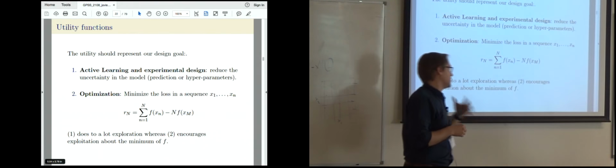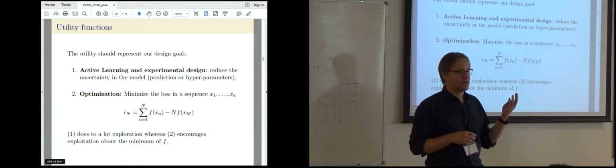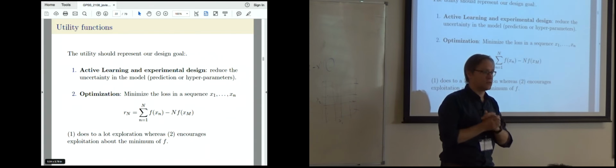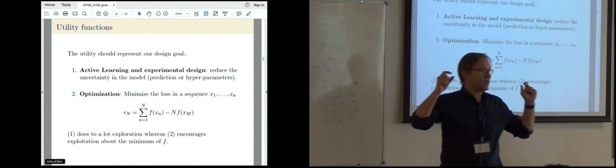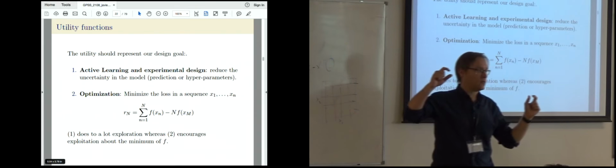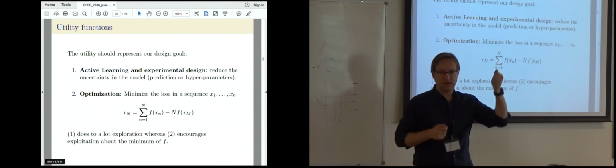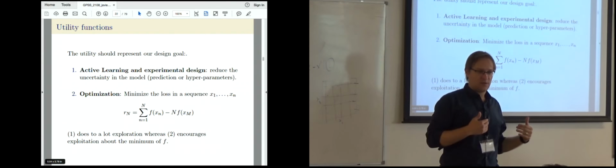But imagine that instead of being interested in the uncertainty of the minimum of the function, you are interested in the value of the integral of the function, or in minimizing the error that you make when you make predictions about the function. Or imagine that you are interested in computing the maximum value of the gradient, right? All these are latent properties of the function that you are working with, right?